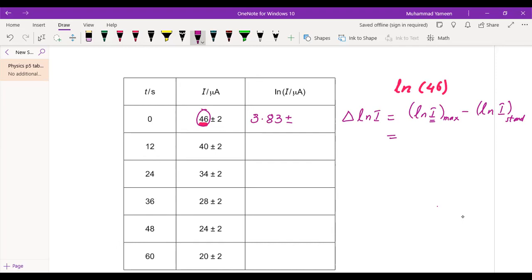So the maximum value of I over here is 48. So the maximum value of the log would be ln 48. And the standard value of I is 46, so the standard value of ln I is ln 46. So you have to take the difference of these two, ln 48 minus ln 46.